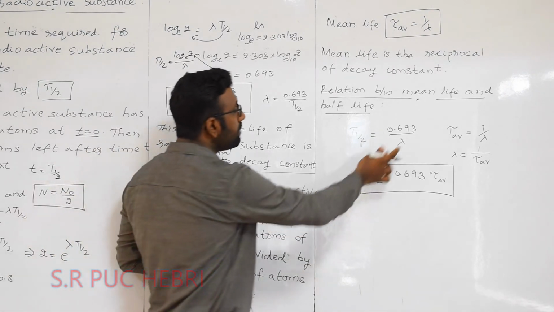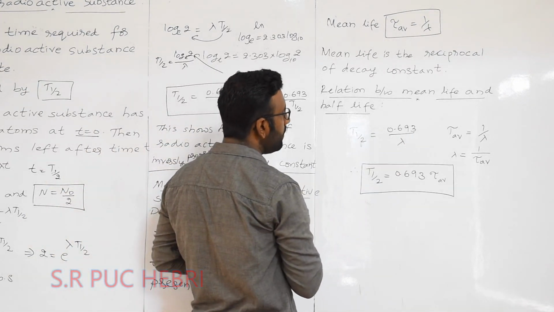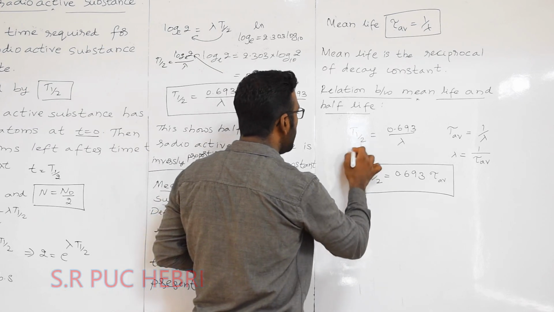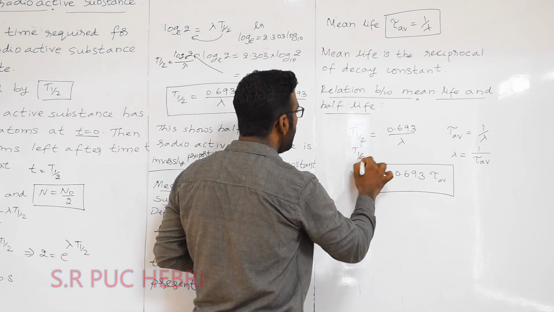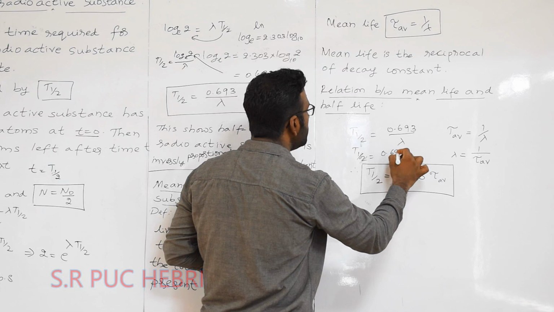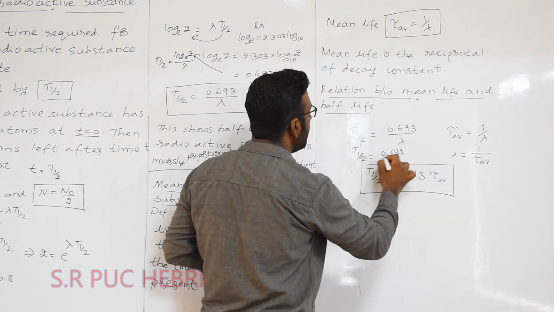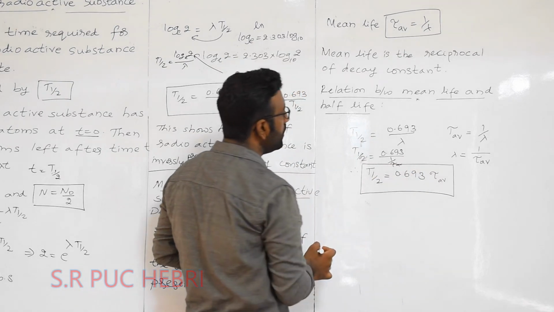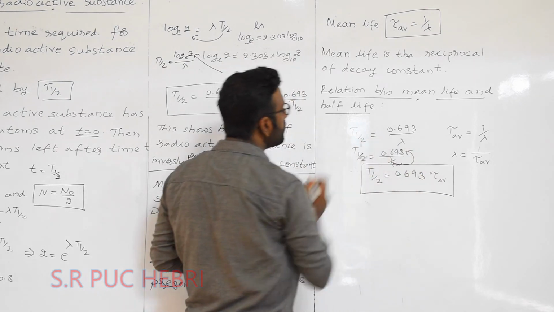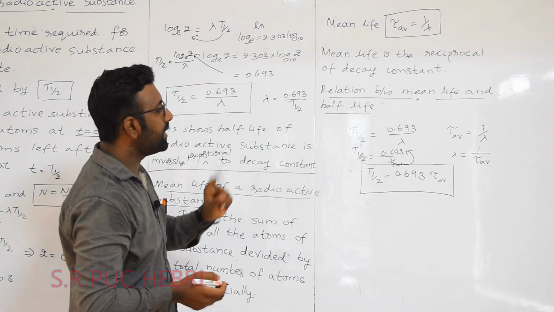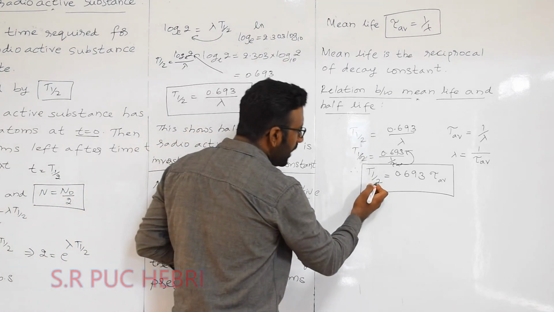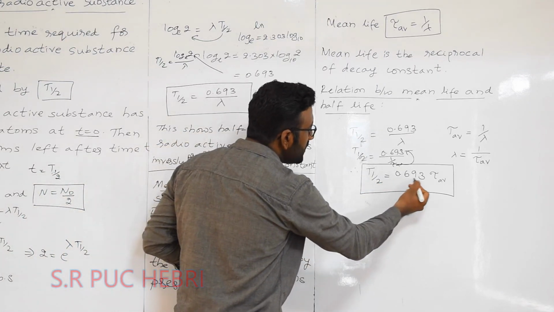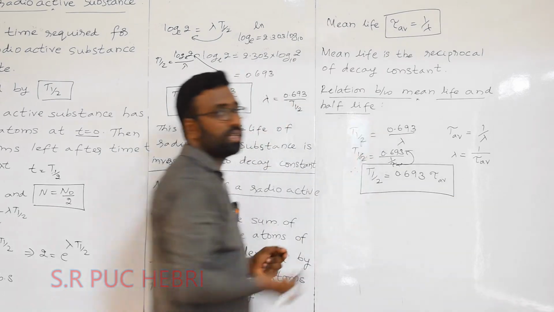We substitute it for lambda: t half is equal to 0.693 divided by 1 by tau average. So the 1 by tau average term goes to the numerator, and we get t half is equal to 0.693 tau average.